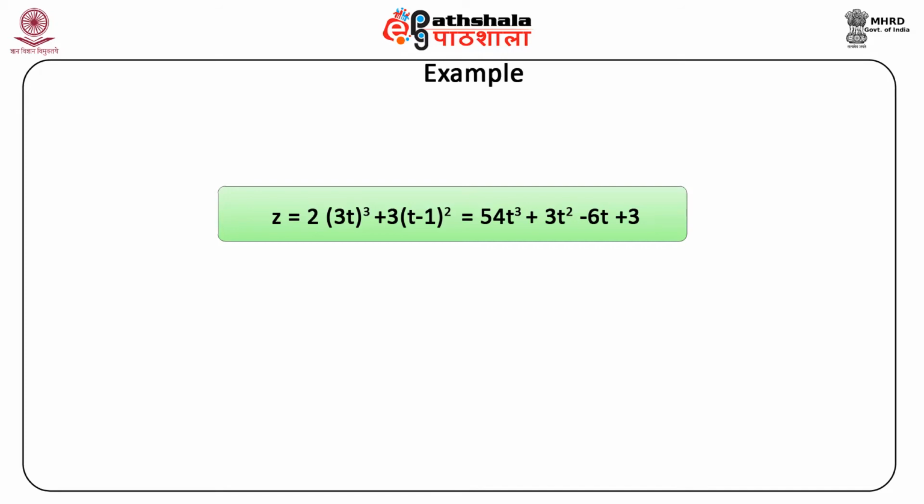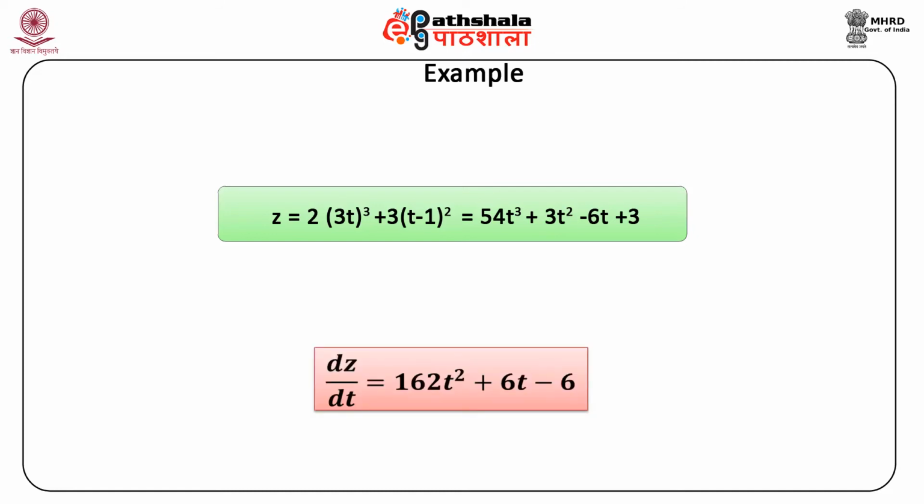Thus, z is equal to 2 into (3t) whole cube plus 3 into (t minus 1) whole square, which comes out to be equal to 54t cube plus 3t square minus 6t plus 3. This gives dz/dt is equal to 162t square plus 6t minus 6. Note that this is the same as obtained using the chain rule.